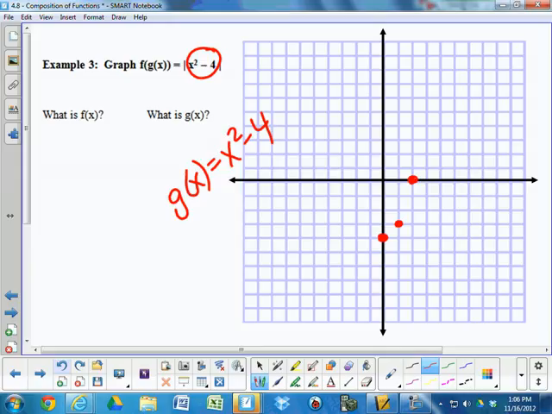Over 3, up 9, because 3 squared is 9. Then on the other side of the y-axis, you have symmetry. So does everybody agree that this is a decent drawing of x squared minus 4? The students say yes. All right.